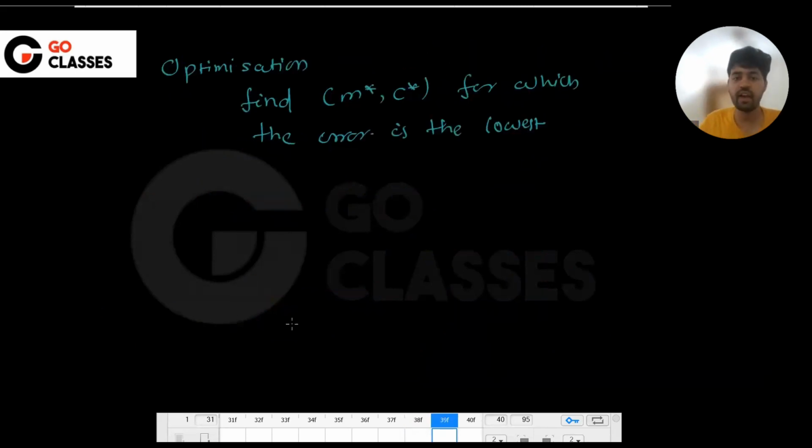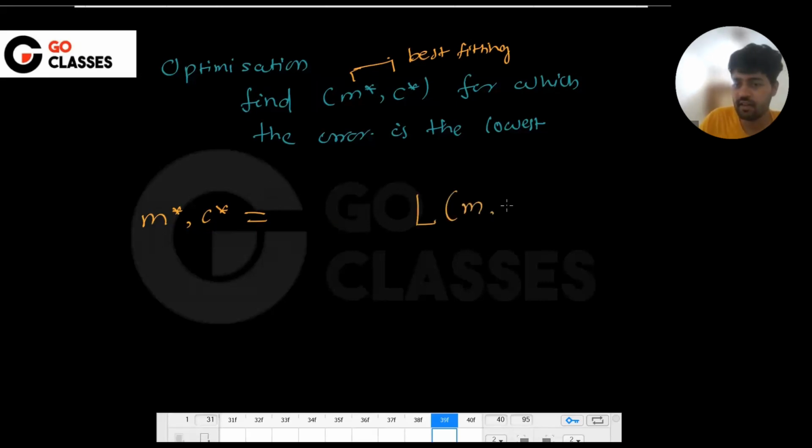So mathematically, we write it like this: m star c star. These are the parameters of the best fitting line, which is basically that line for which the error is the lowest, right? So my error is basically this, and we want the minimum error.